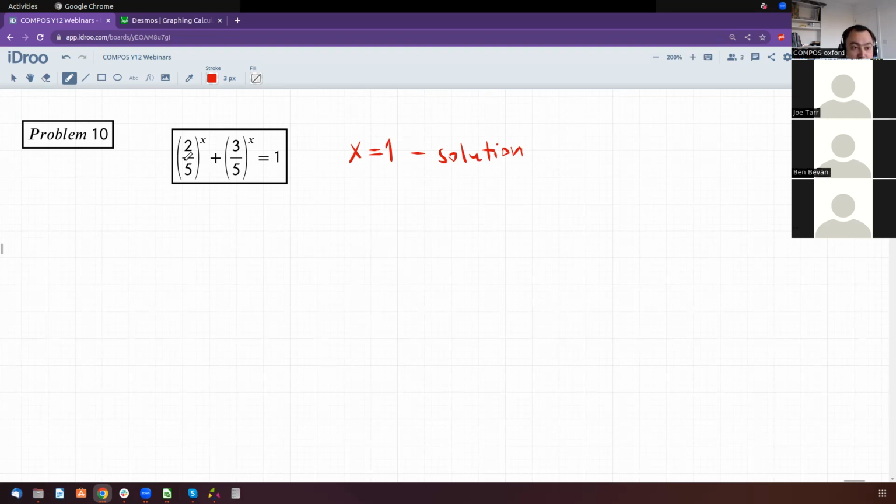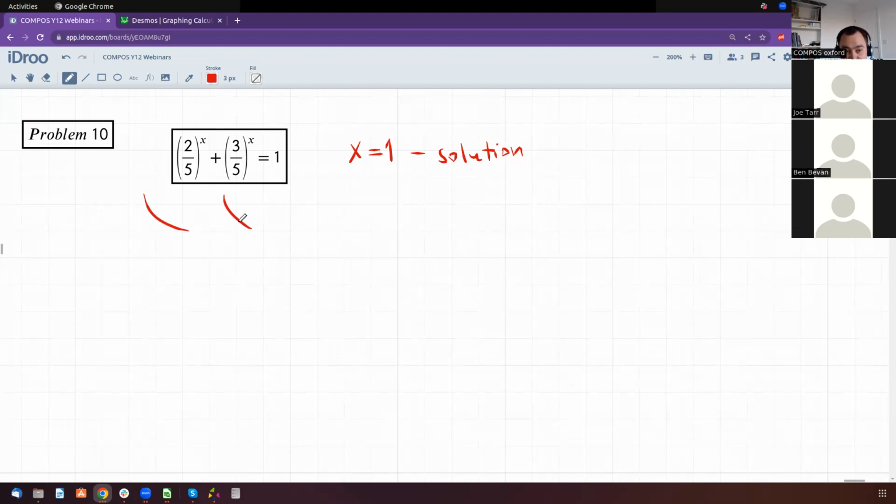Well, what do we know about 2/5? It's a number less than 1 to the power of x. So it's a function that looks like this. It's a decreasing exponent.